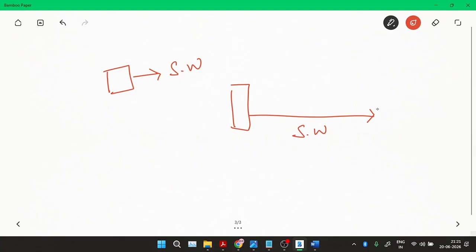The special property of these sound waves is that whenever they hit an obstacle, they are reflected back, just like light waves. When these are reflected back, some of that sound will come back to the ultrasonic sensor. The sensor is going to calculate the time taken by the sound wave to start from the sensor itself and come back to the same sensor.